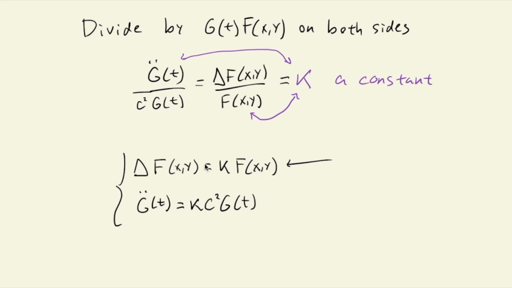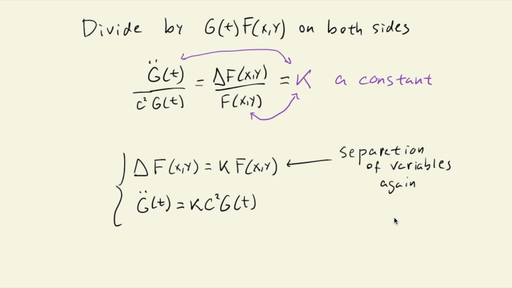But this one is a partial differential equation. We need to do something about this. Solving it is not quite easy or straightforward, but what we can do is apply separation of variables again, to separate the variables x and y.